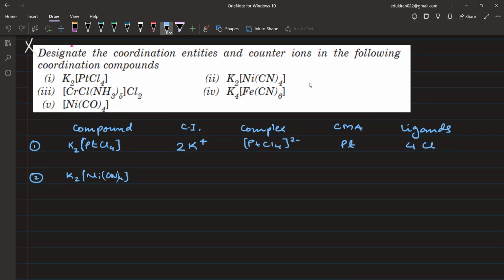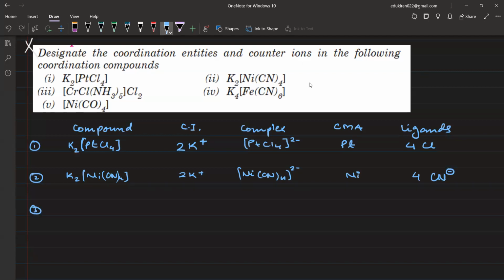K2NiCN4. Counter ion is going to be 2 potassium ions. Complex is going to be nickel with 4 cyanide and 2 negative charge. The central metal atom is going to be nickel, and the ligand is going to be 4 CN negative ligands.